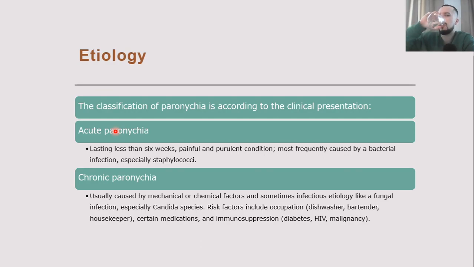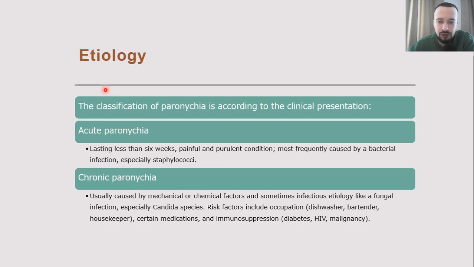Etiology. We have classification according to the clinical presentation, and there we talk about acute and chronic paronychia. Acute, lasting less than 6 weeks, is a painful and purulent condition, most frequently caused by bacterial infection, especially staphylococci. Chronic is usually caused by mechanical or chemical factors and sometimes infectious etiology like a fungal infection, especially Candida species.